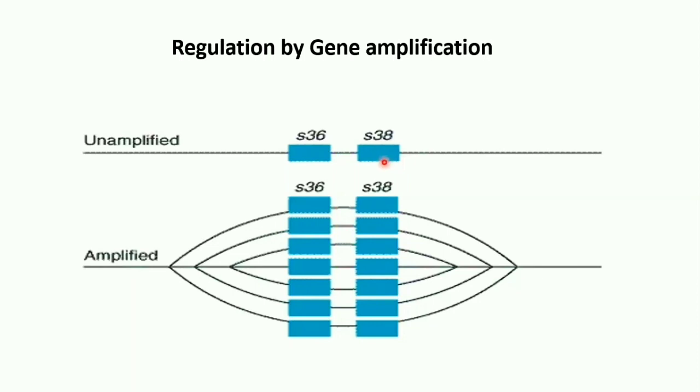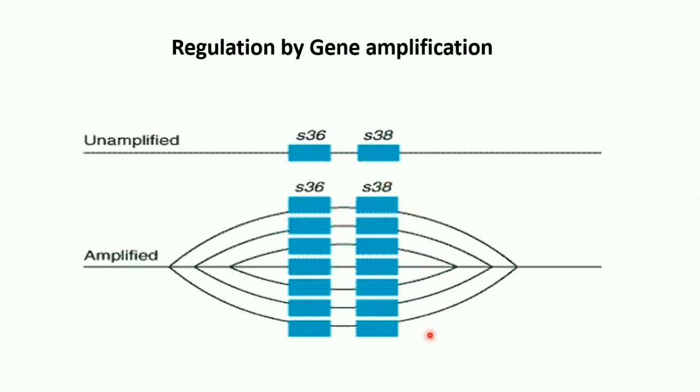Now, as methotrexate is given for a long duration, gene amplification of this gene will occur. This gene is for the enzyme dihydrofolate reductase. And can you see it is amplified? More copies of the gene for dihydrofolate reductase have been produced, and that is translated. So now these cancer cells can produce more of the enzyme dihydrofolate reductase because the gene is amplified.